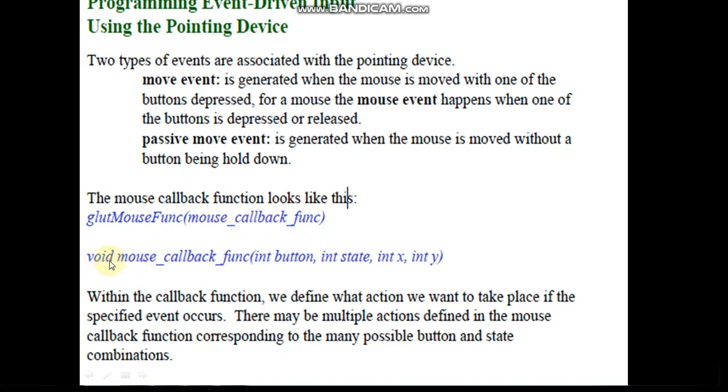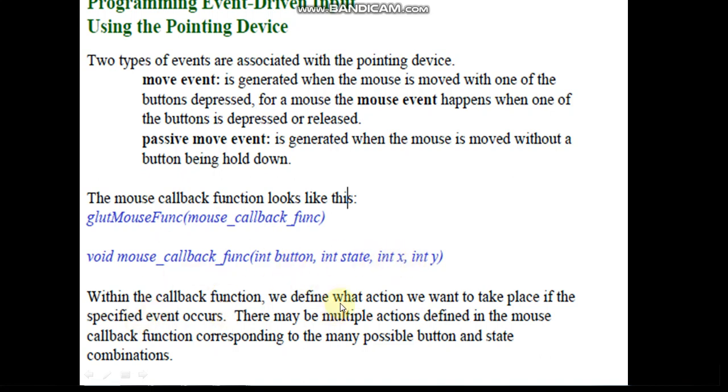So this is written like this: void mouse_callback_function, and the arguments for this will be the button, which button of the mouse we are pressing, and the state. When you say a button, it can have two states, down and up. That is, the button is pressed and then released. X and y are the coordinates of the pointer, indicating the current location of the pointer, as it is a 2D device.